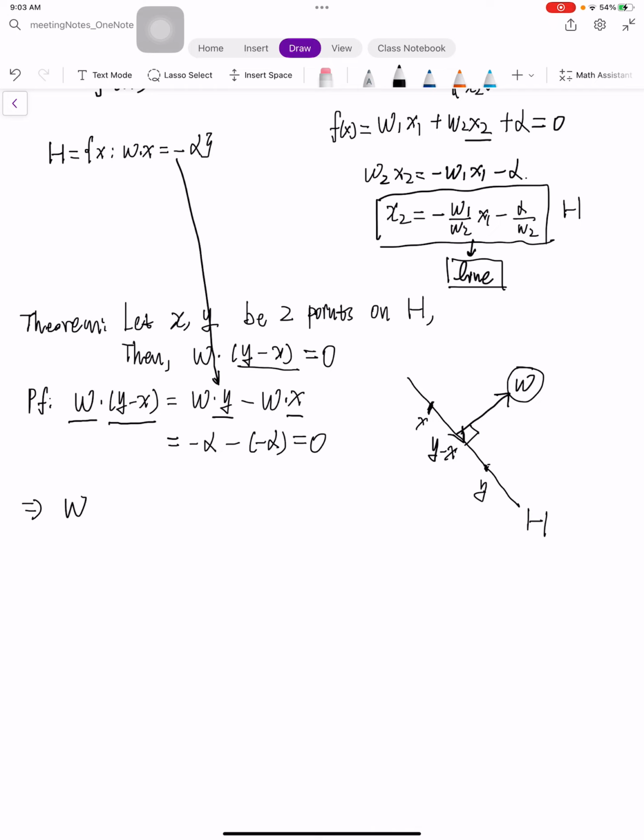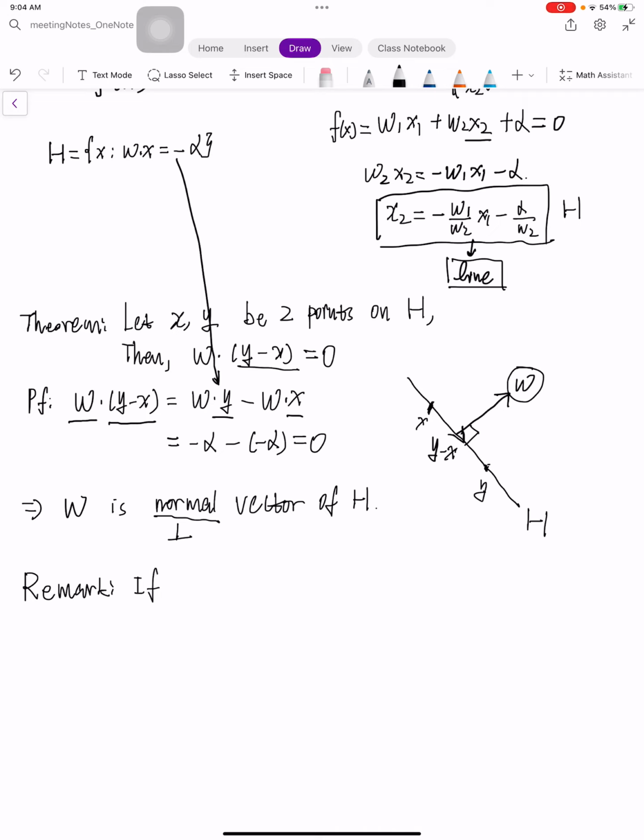Therefore this tells us w is called the normal vector of H. Normal here means perpendicular. There's also a remark.